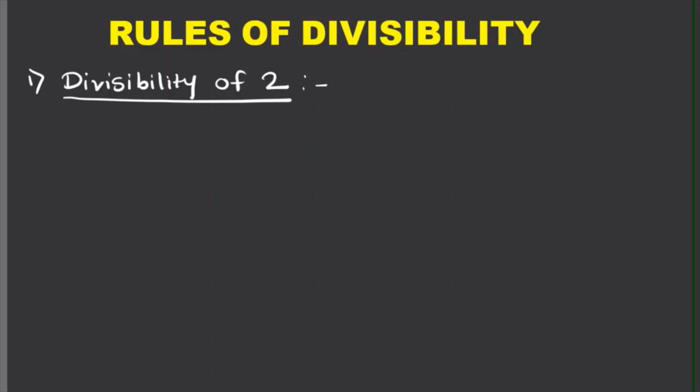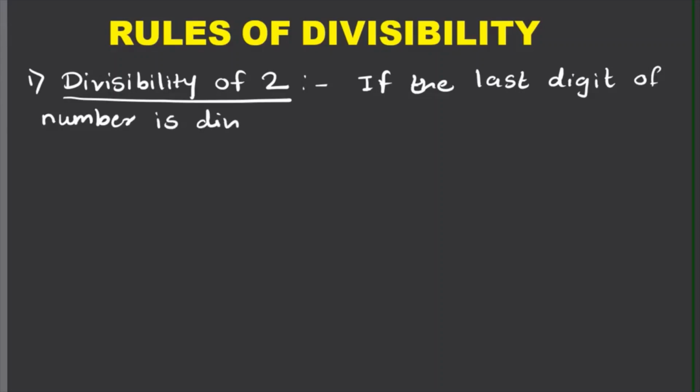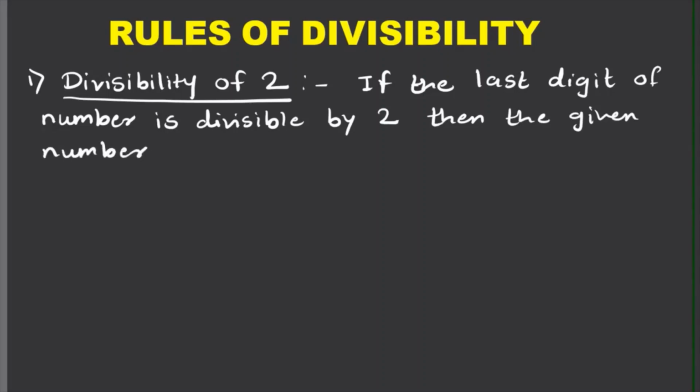So I write here, if the last digit of a number is divisible by 2, then the given number is divisible by 2.